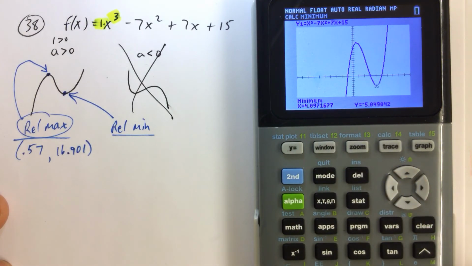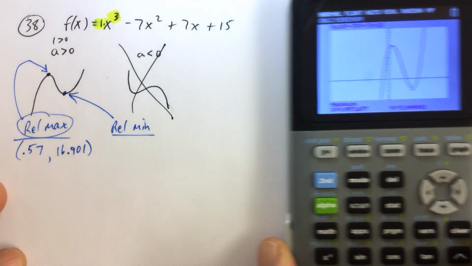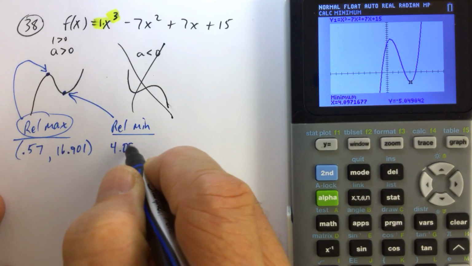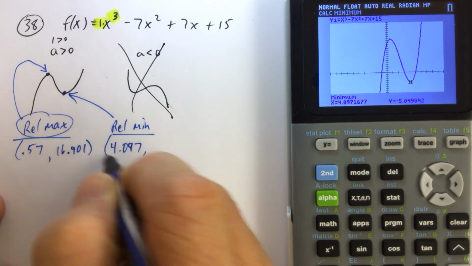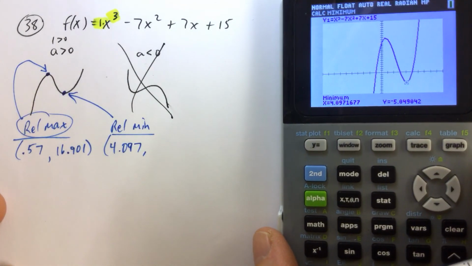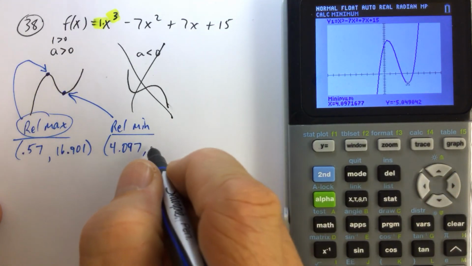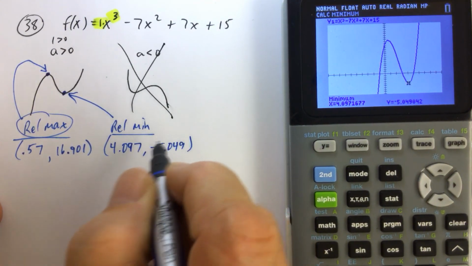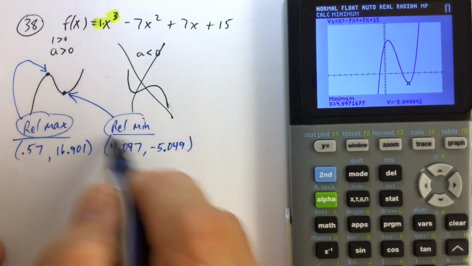And so hitting enter for our guess, we get 4.097, comma, and then negative 5.049. There are the relative max and the relative min.